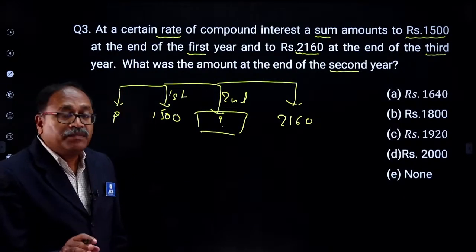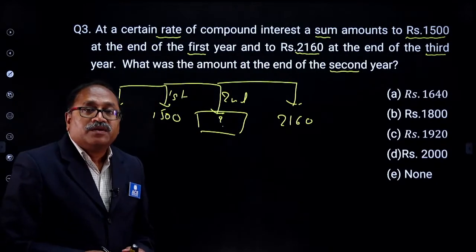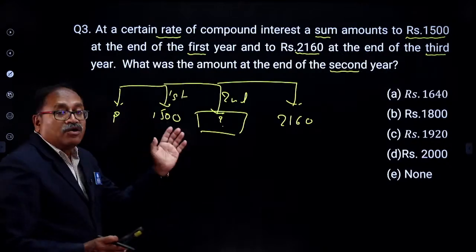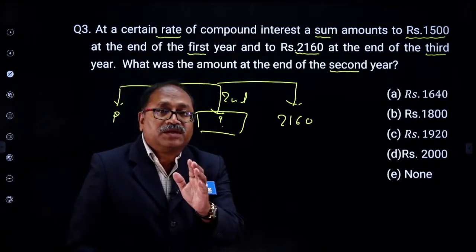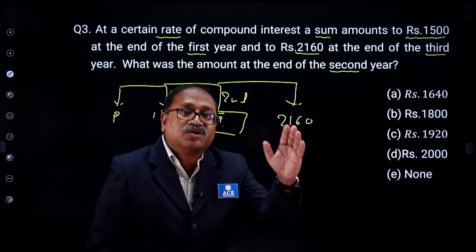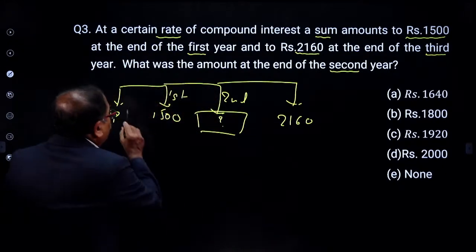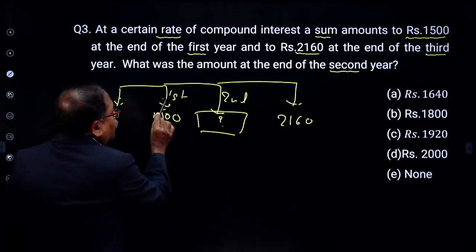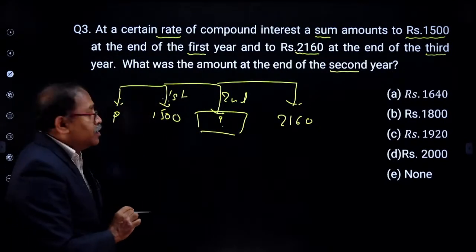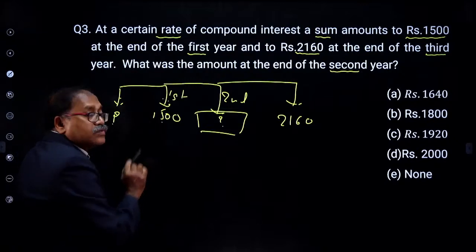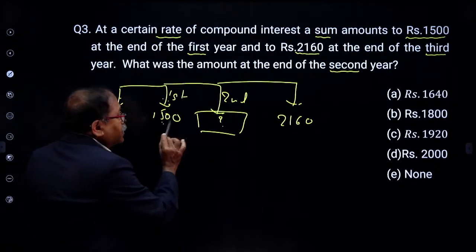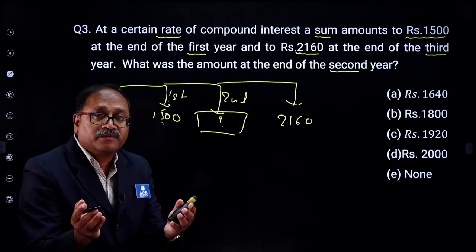Okay, the time is up. Now I will explain that amount in compound interest. In compound interest, the amount will be in a geometric progression. In a geometric progression, if the time duration from here to here and here to here is the same, then the ratio from this value to this value and the ratio from this value to this value will remain the same.